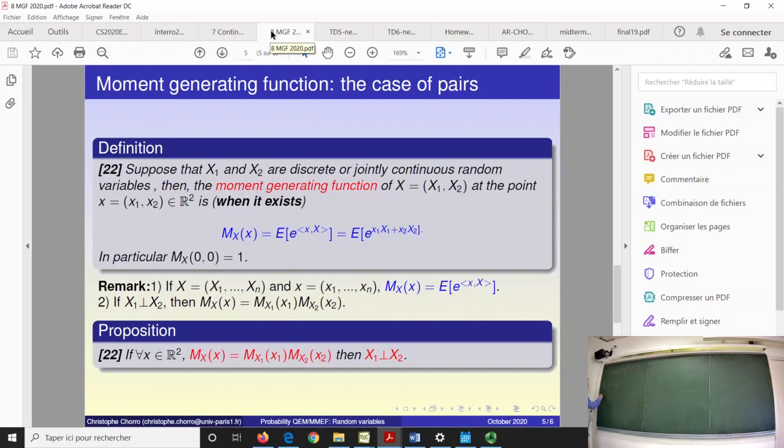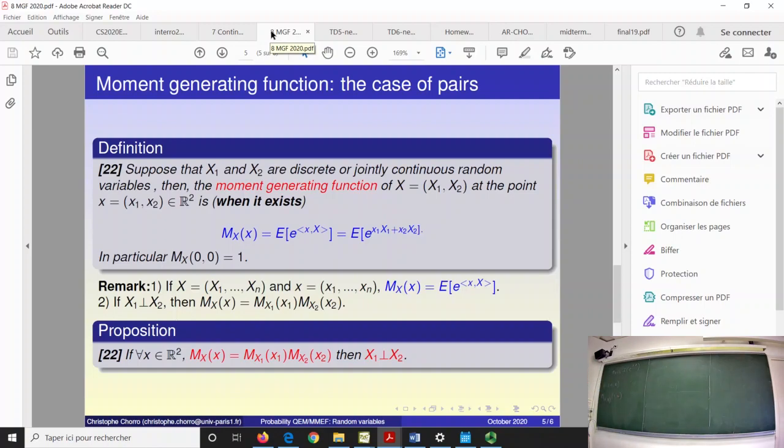It will be a mapping depending on two variables. The moment generating function of a single variable is a mapping depending on t. The moment generating function of a pair will depend on two variables that I will denote, let's say, t and s.